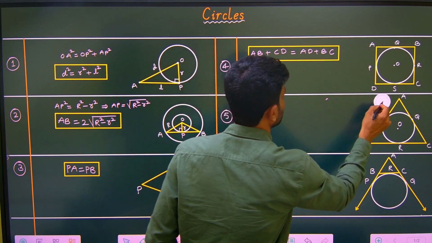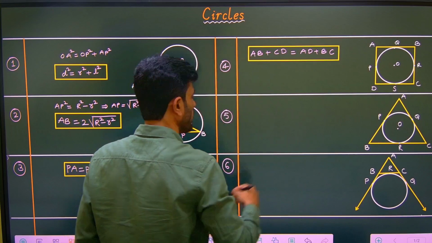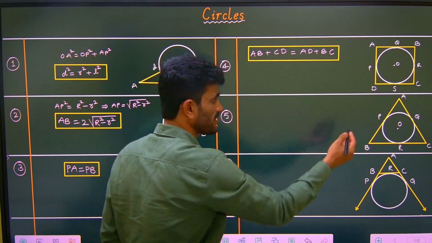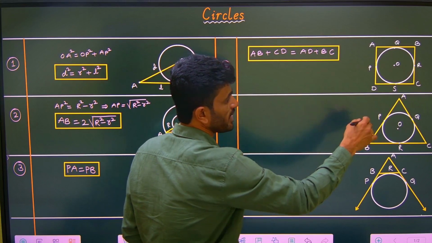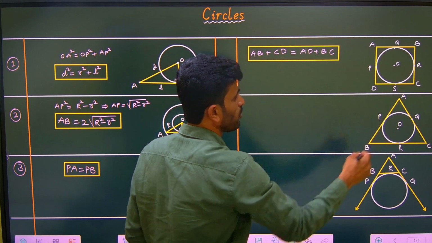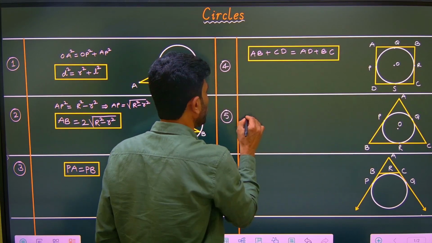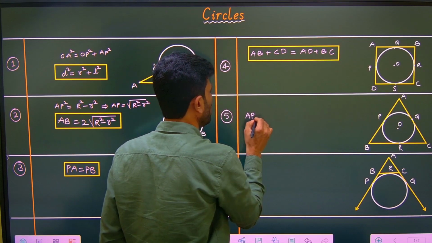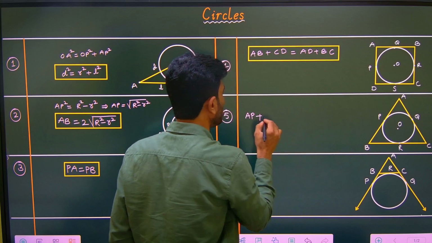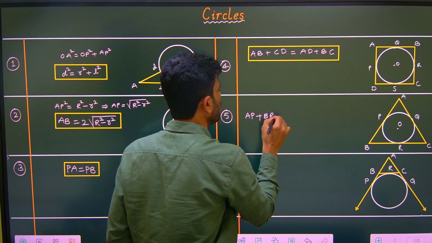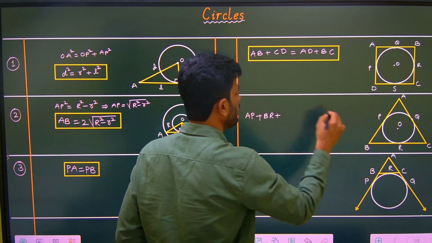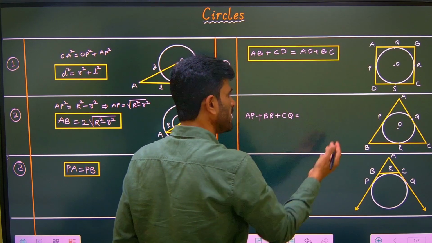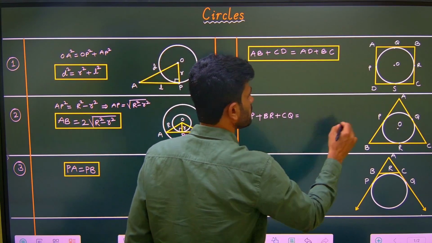I repeat again. So here, if a triangle circumscribes a circle such that the sides of the triangle are touching the circle at P, Q, R, then what happens? AP plus PB you leave, BR plus CR you leave, CQ is equal to, and it is also equal to one more value. What?